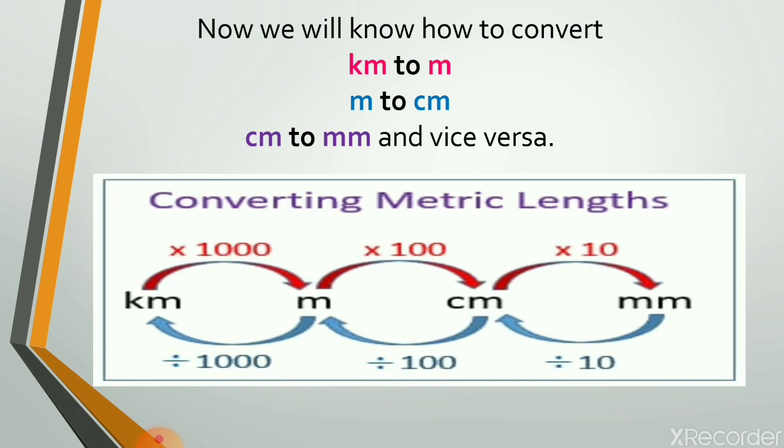For meter to centimeter we multiply by 100, and for centimeter to millimeter we multiply by 10. And again, for millimeter to centimeter we have to divide by 10, for centimeter to meter we divide by 100, and for meter to kilometer we divide by 1000.